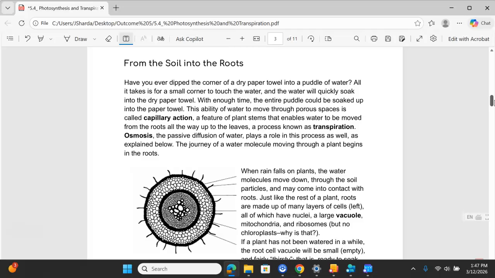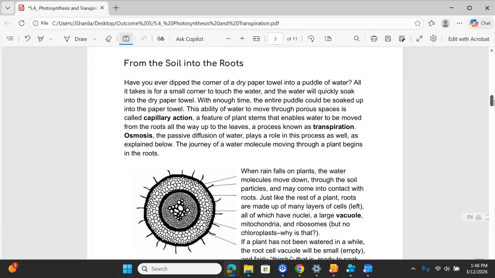With enough time, the entire puddle could be soaked up into the paper towel. This ability of water to move through porous spaces, or spaces with holes in it, is called capillary action, a feature of plant stems that enables water to be moved from the roots all the way up to the leaves in a process known as transpiration.